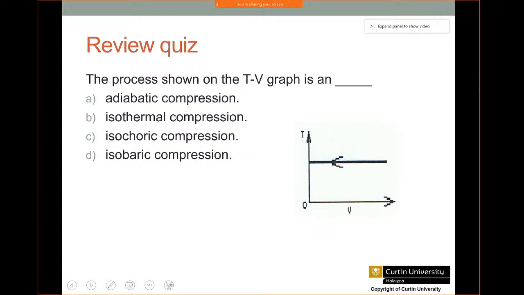Okay, so now, can you tell me, this is a temperature versus volume graph. So what is the process? Look at the axis, temperature versus volume.